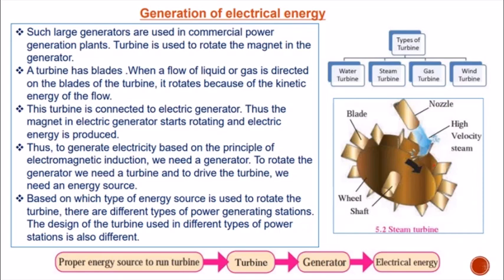To move that magnet, we use a turbine. And to move that turbine, again we need some energy, so we use kinetic energy. When the turbine moves, the magnet moves, and because of the magnet or the conductor moving, the potential difference is created and the energy is created. This is how we create energy through a magnetic field, and this is called electromagnetic induction, which is carried out by the electric generator.